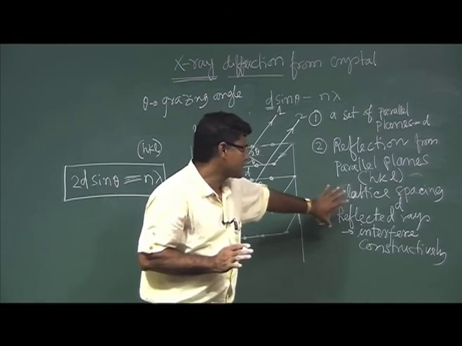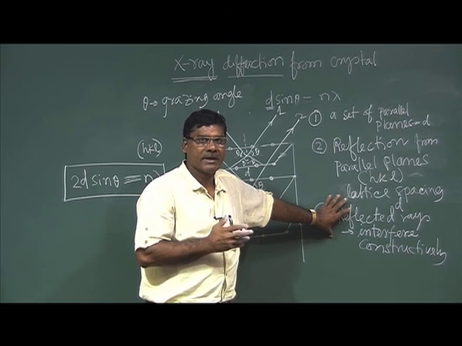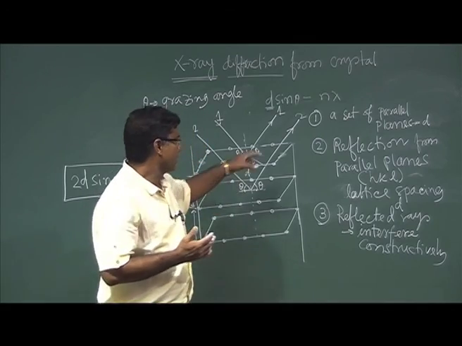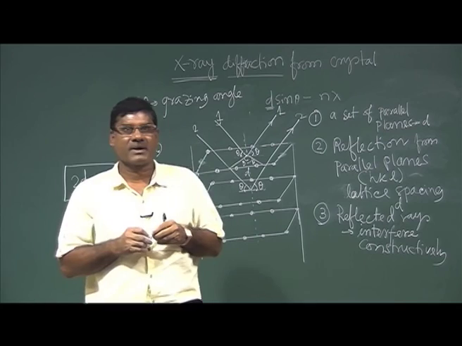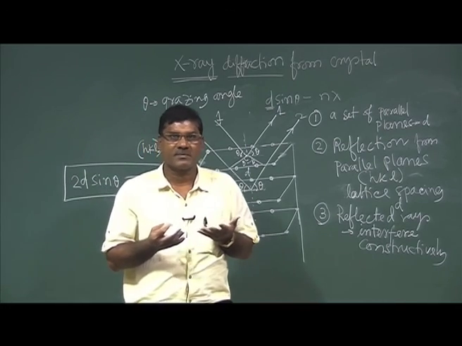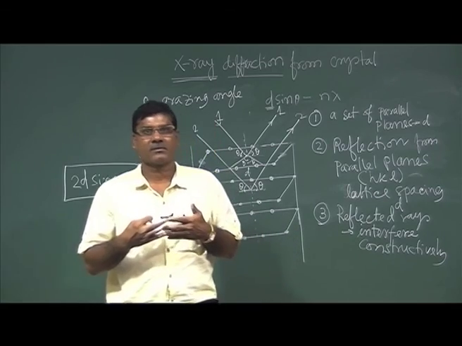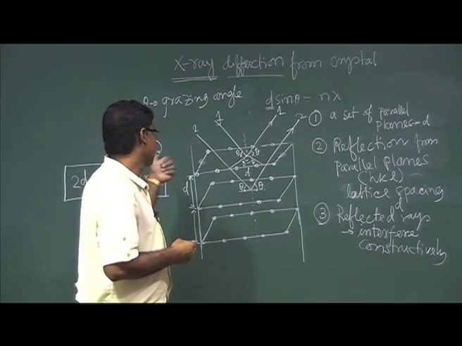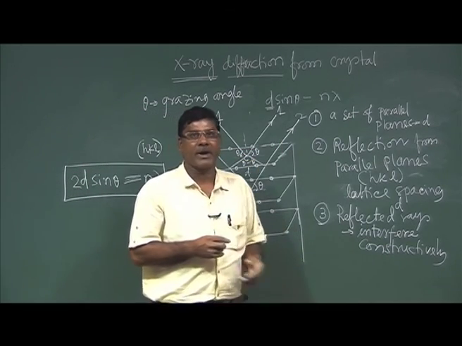That means their assumptions are correct, so their model is correct. Later on we will find out from the Laue treatment, the rigorous, general, realistic treatment, a relation from which one can derive this relation. So this is the simplest way.